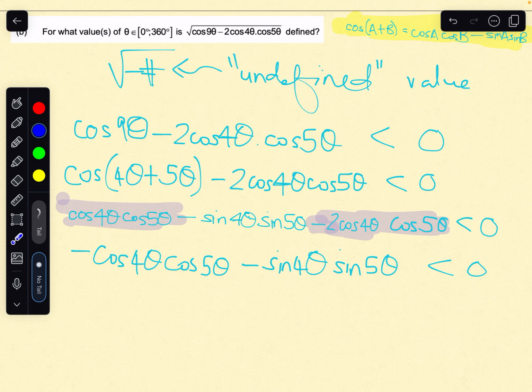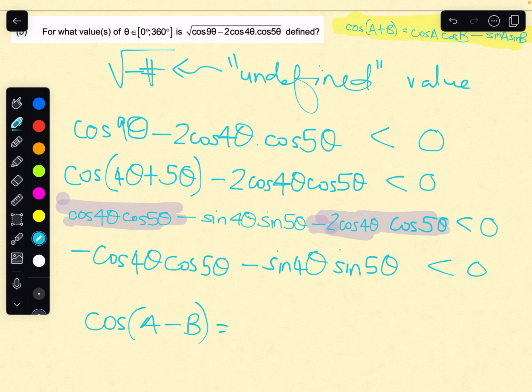But the only difference is that this one has a minus in front of it, which is not ideal for this identity. But then I remembered the difference identity.